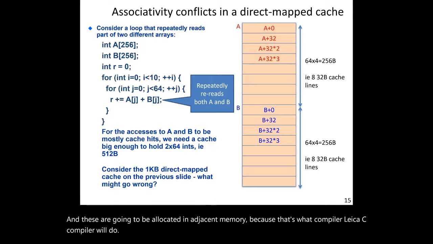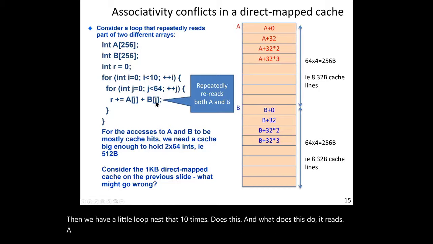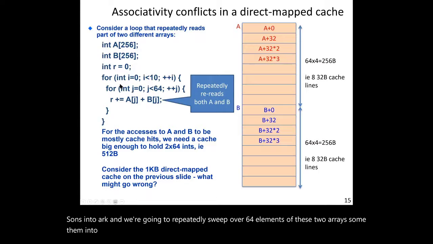Then we have a little loop nest that 10 times does this. And what does this do? It reads a 64-word segment of A and B, sums into R. We're going to repeatedly sweep over 64 elements of these 2 arrays, sum the results into R, and do that again 10 times.